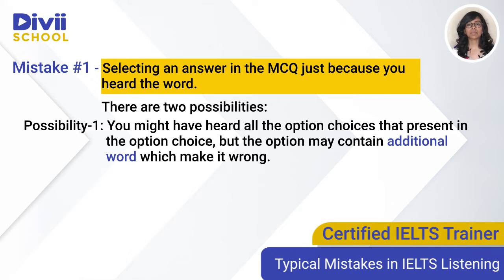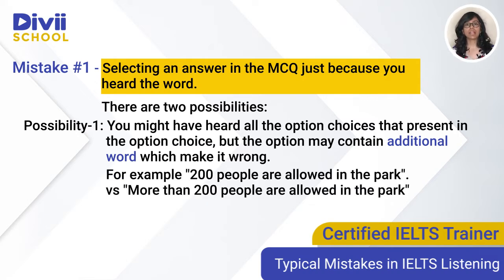For example, 200 people are allowed in the park versus more than 200 people are allowed in the park. Depending on the audio, you must select either one option because more than 200 could mean 200, 300, 400, etc. Whereas 200 people means only 200 people.